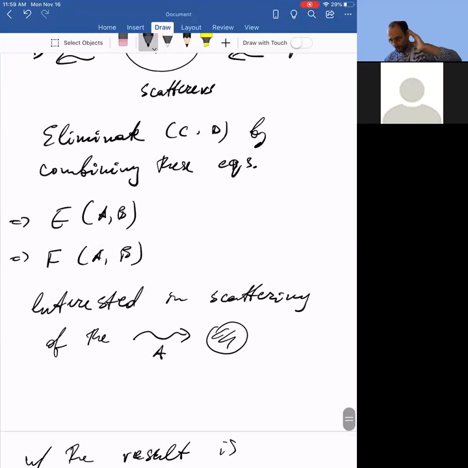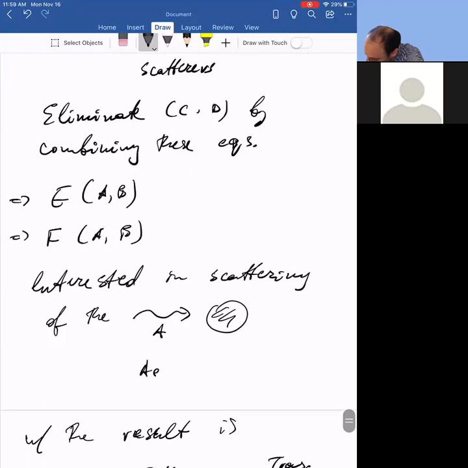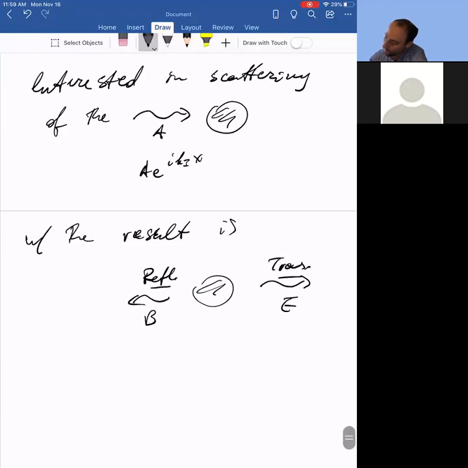So I have a wave. So this is A e to the i k1 x. Some is reflected, B e to the minus i k1 x. And this is E e to the i k1 x. They both have k1 because the difference between the energy and the potential energy is the same.